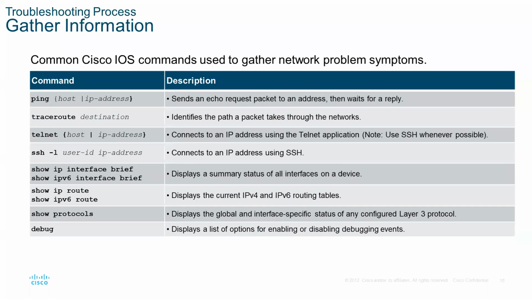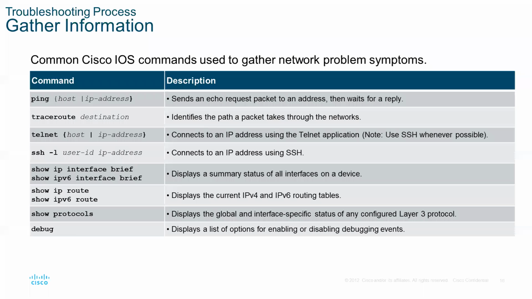So after gathering information from affected users, you can start using some simple commands to see if it's a connectivity issue. So if the device is on, you need to find out whether it's still communicating with the rest of the network.